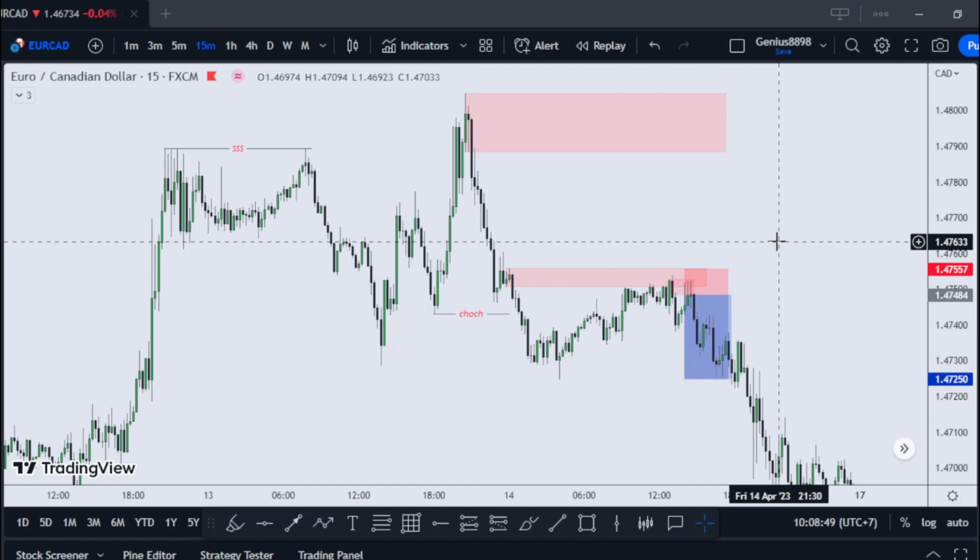I want you to really put in the work, because that's how you're going to train your eye to look for this pattern. If you're only watching the video, it's not going to help as much as you going to the chart and really finding the pattern yourself. I'm going to show you the pattern, and you go to the chart and find it yourself. That's where you're going to learn a lot.